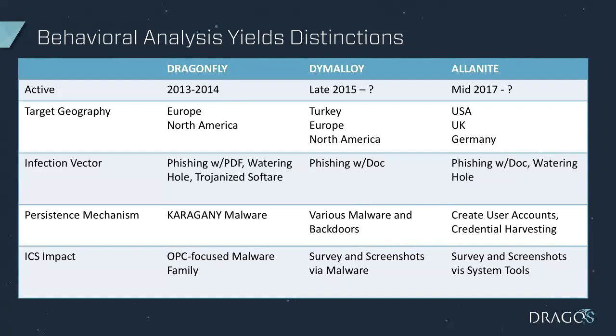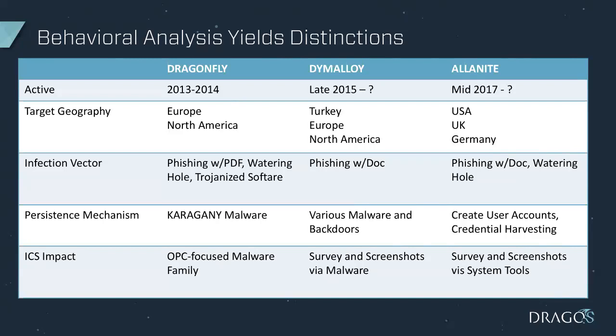But there are also significant distinctions in how these campaigns were deployed. Dragonfly used exploits and Trojanized software, whereas Dymaloy and Allanite really focused on credential harvesting in order to gain initial access to networks. And then from a persistence and malware level, there were certainly some overlaps.